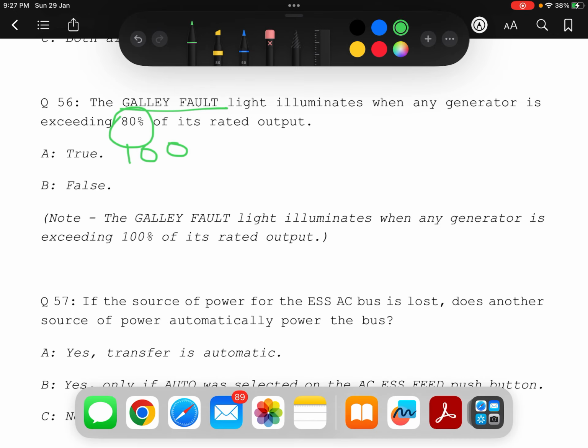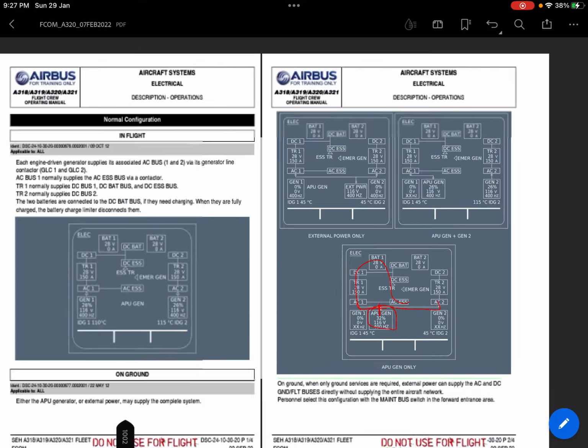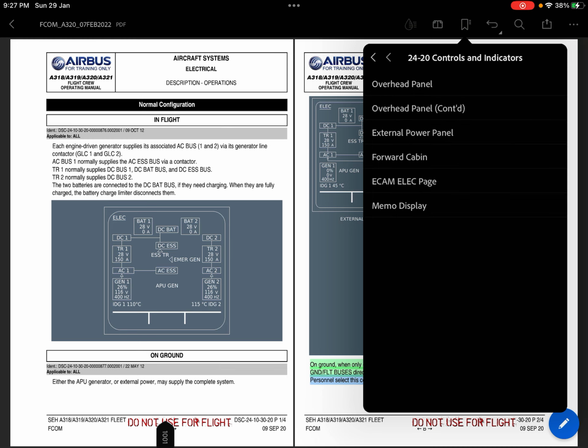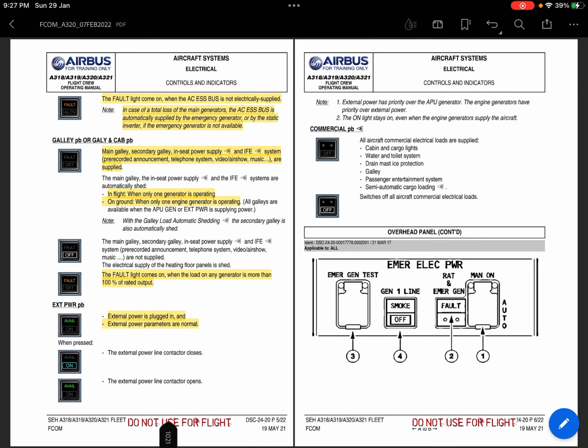I will take you to the FCOM, and we will go to the systems, then electrical, and then controls and indicators. They were talking about galley, so it is on the overhead panel.